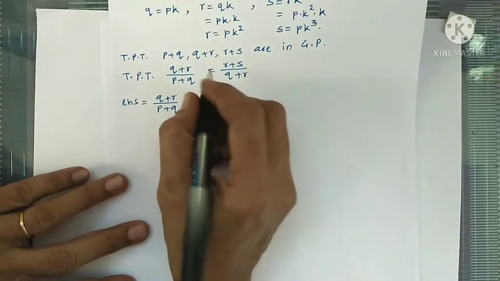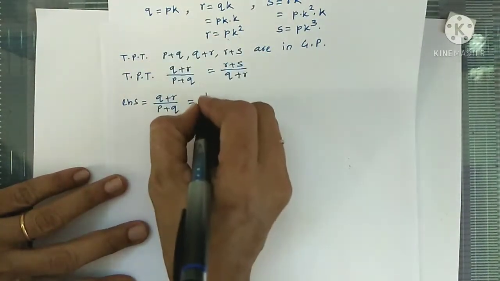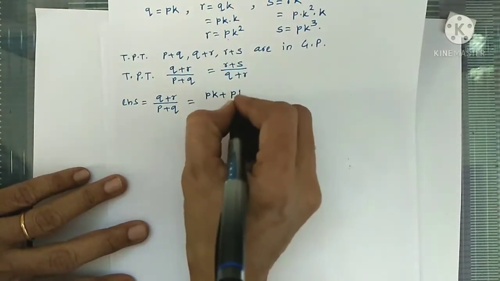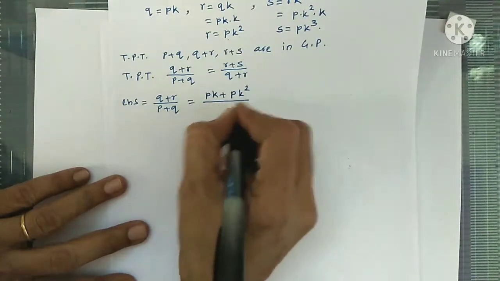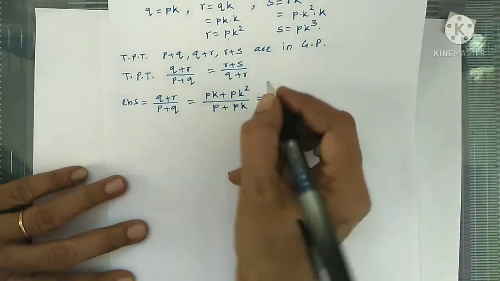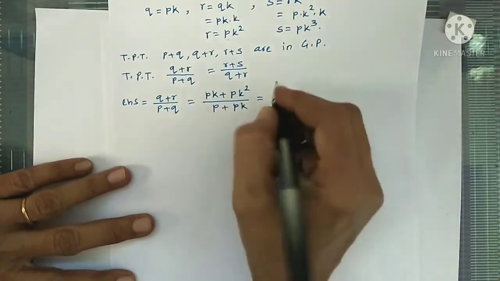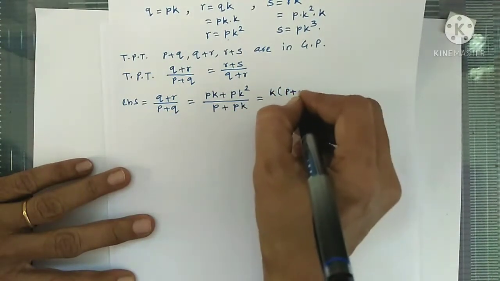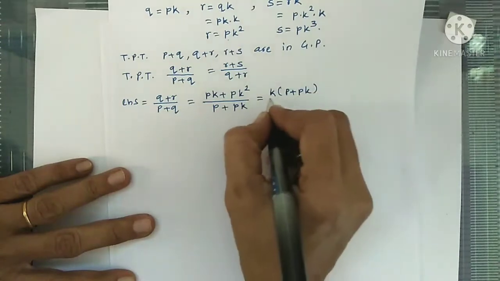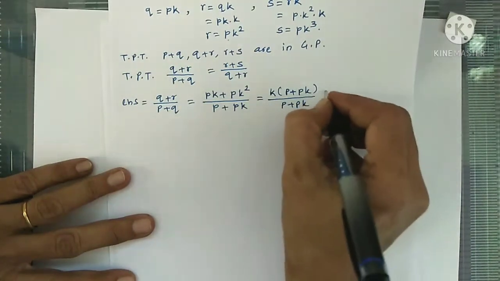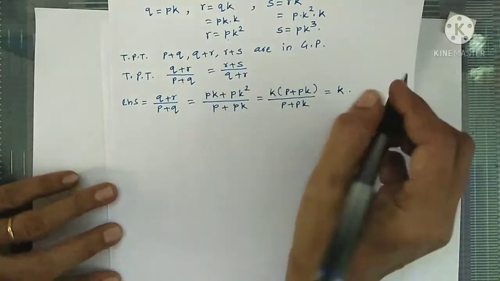So Q is now P into K, R is P into K square, divided by P plus Q, and Q is P into K. So we can take K common. Taking K common, we have P plus P into K, and in the denominator also we have the same term. So let's cancel that and this becomes K.